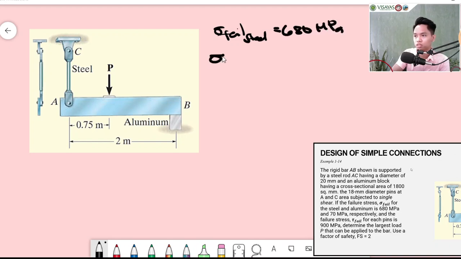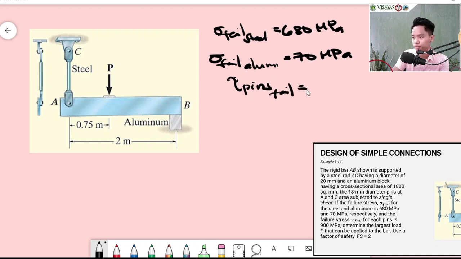Now the normal stress failure at the aluminum is equal to 70 MPa. Then for the shear for the pins, failure ni siya gihapon is equal to 900 MPa.